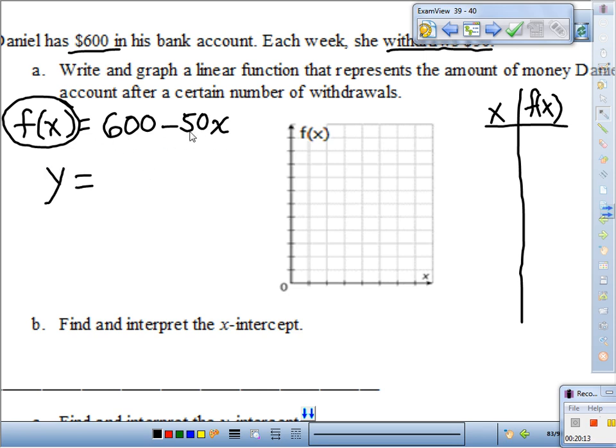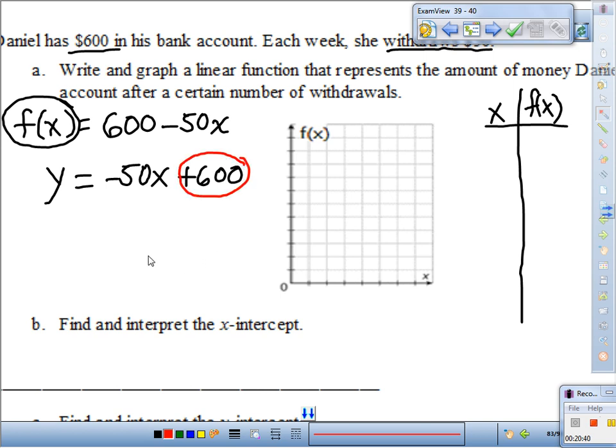Are these in order? No. So what do I write? Negative 50x plus 600. Okay. So, do we have enough information to graph this here? Yes. Where do we start?